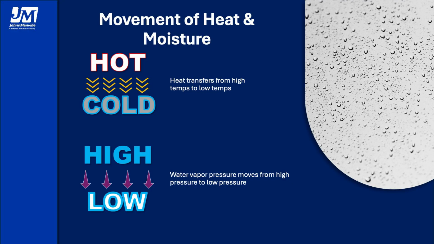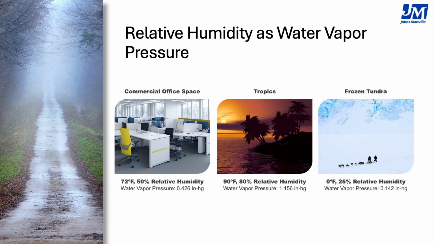Heat goes from hot to cold. Similarly, humidity moves from high vapor pressure to low, and this applies anywhere. Commercial office space, which typically we're trying to keep at 72 and 50%, versus the tropics or frozen tundra, there's quite a range in what that water vapor pressure is.